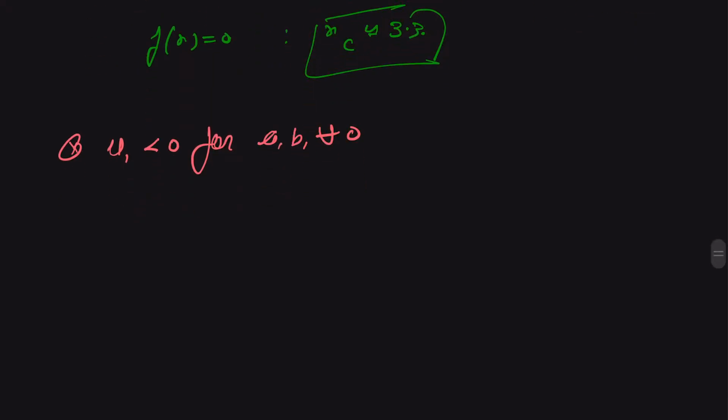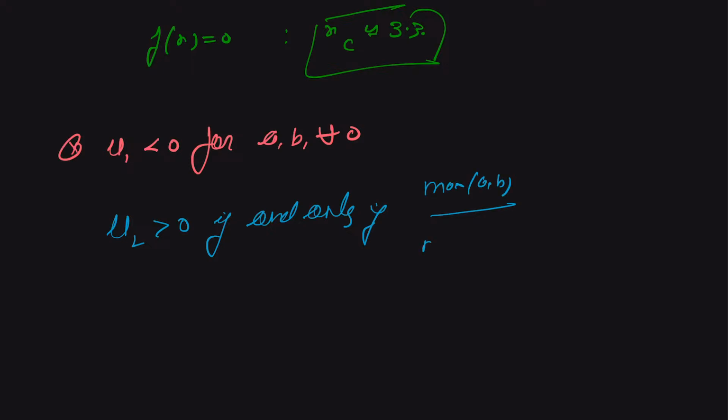And our U2, that is the second arrangement, will be positive if and only if the ratio of the maximum value of a and b to the minimum value of a and b is approximately greater than or equal to 3. So these are the conditions for which we are going to have a positive energy associated, or positive work that is associated with it.